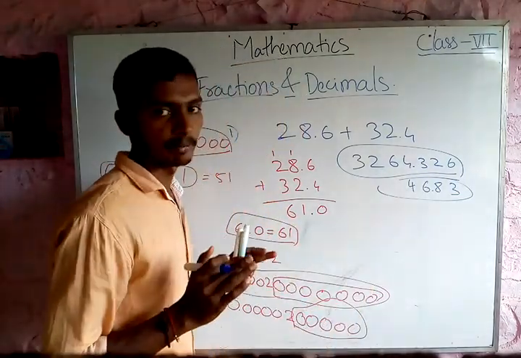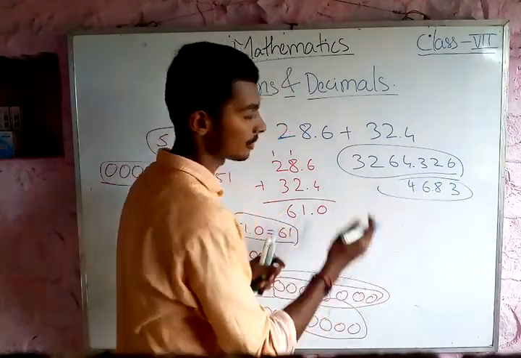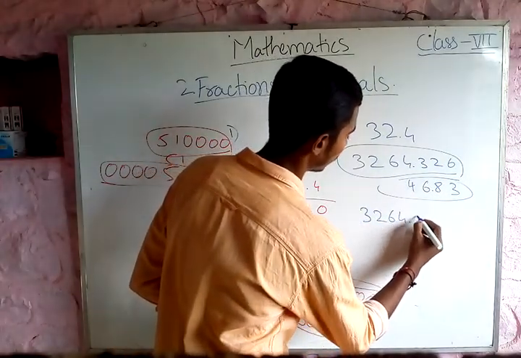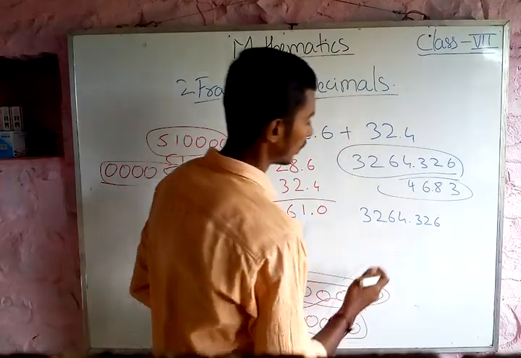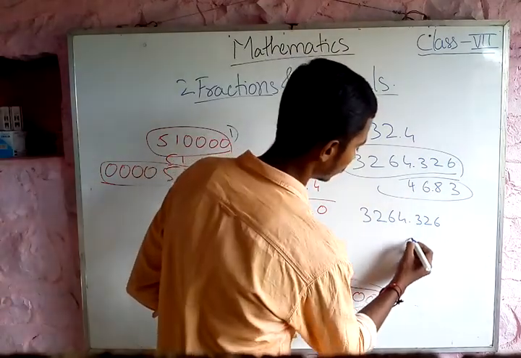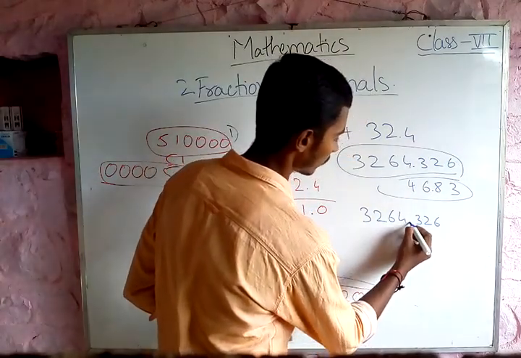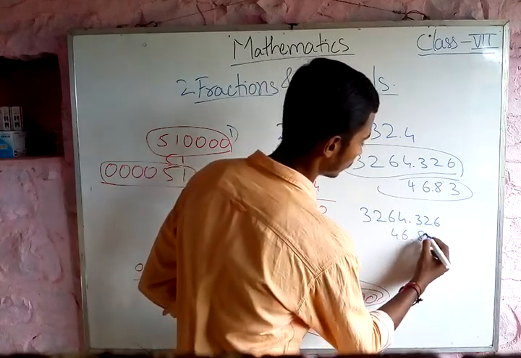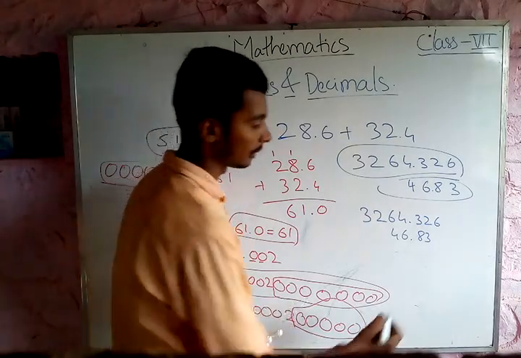What we keep in mind is that the decimal points will be in line. So 3264.32 and here the decimal point will be in line, so 46.83 is written like this. What if we keep a 0 here?